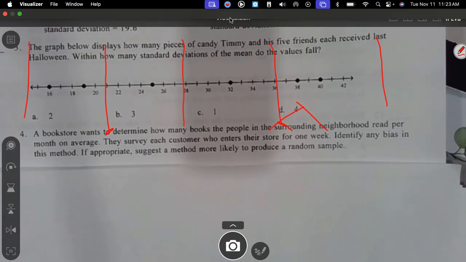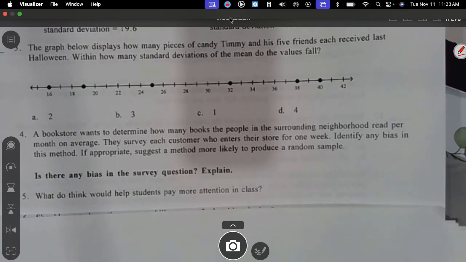The standard deviation is to take away and add to your numbers that are down here. So if I was on 21, I would subtract 9.1 now, not from this one, but from the 21. Okay, so that was the bookstore one. You would probably just ask people not at the bookstore, maybe at a park.